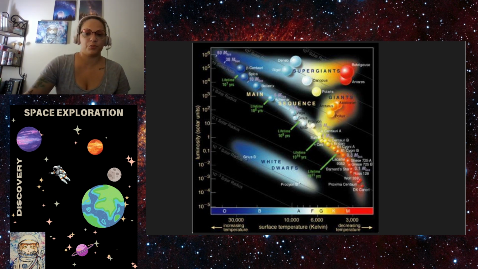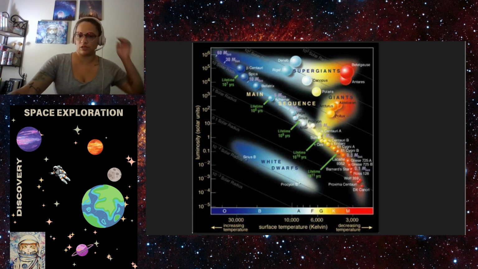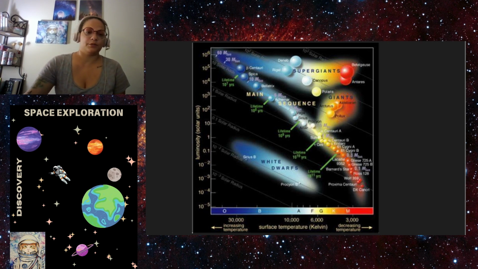Most of the brown dwarfs are substellar. So that's what they refer to them as. And why have they failed? Is what a lot of people ask. Main sequence stars like our sun are able to fuse hydrogen-1 into helium. It's a process called the proton-proton chain.